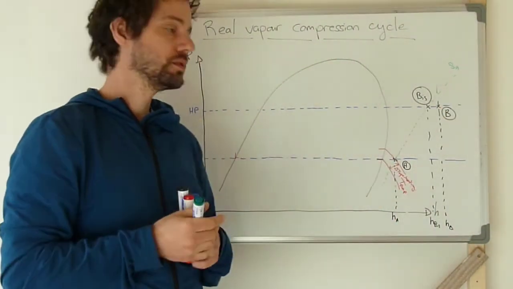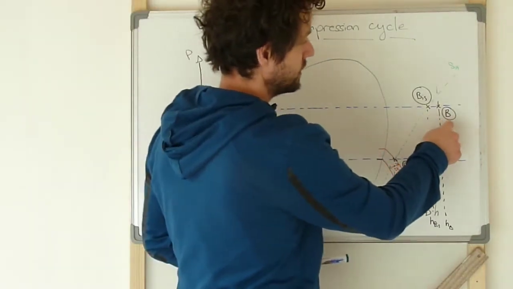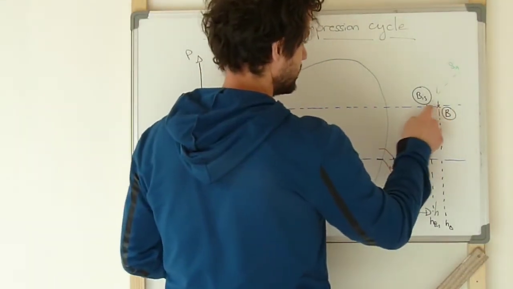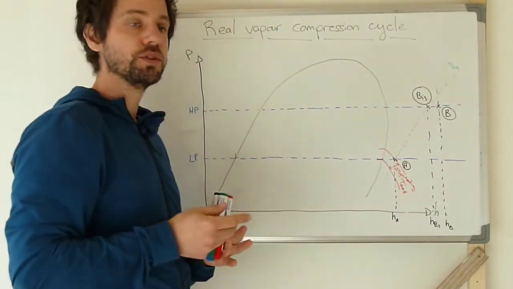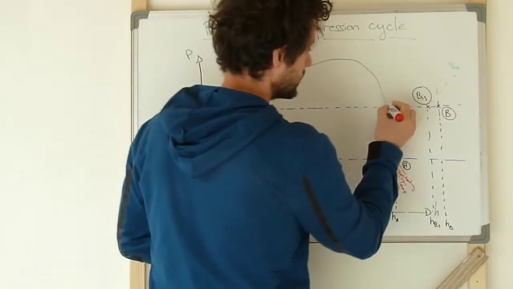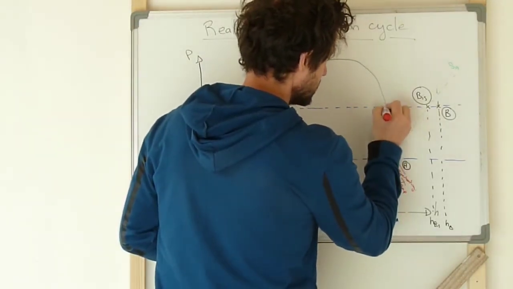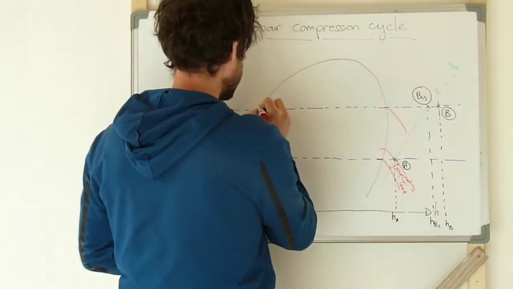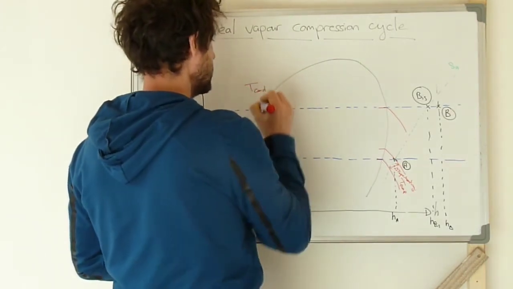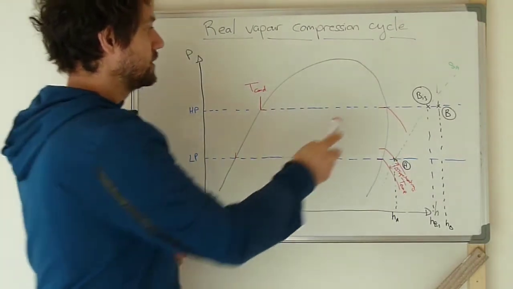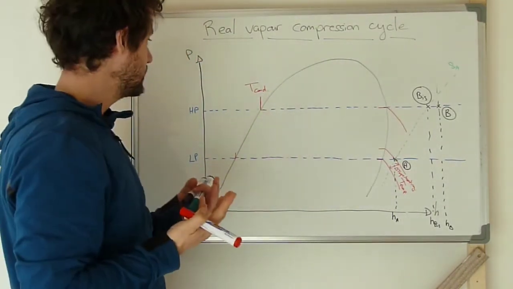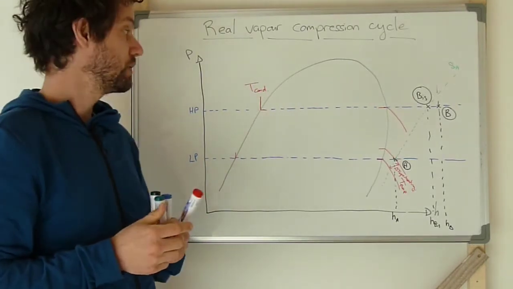Then across the condenser, the working fluid is entering at point B. Its temperature decreases at constant pressure to the condensation temperature. So this isothermal line corresponds to the condensation temperature. And so then the working fluid is fully condensed and slightly subcooled with a given subcooling.